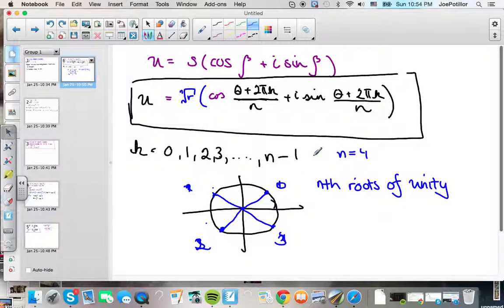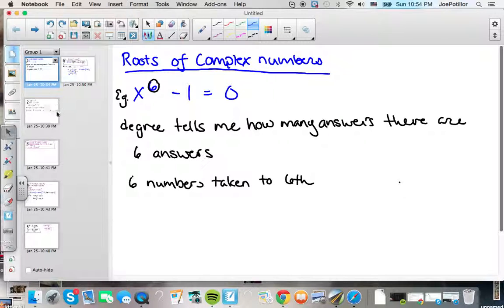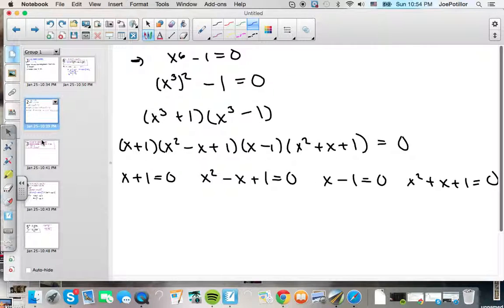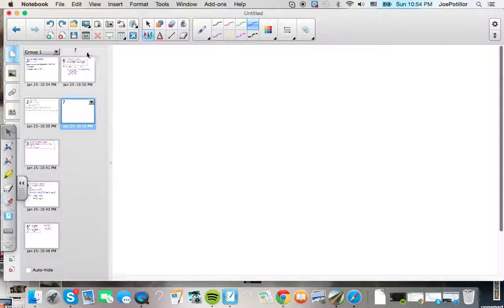So if you're trying to get, for example, like we did earlier, this problem on this page, here, the 6th root problem, if there are 6 answers, all 6 of those answers will be on that circle. Okay. So let's do an example of how to do that.